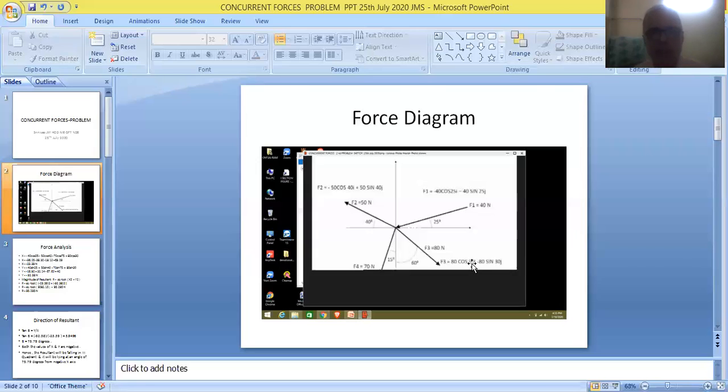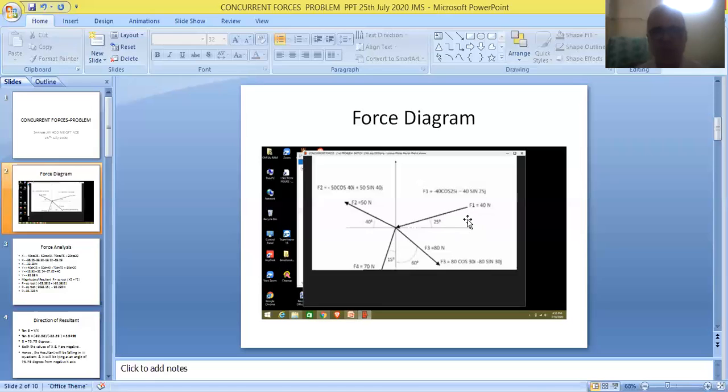Now, friends, cos theta has to be applied for obtaining horizontal value, and sin theta has to be applied for getting the vertical values or vertical components. So therefore, this is written as: horizontal component of this force will be equivalent to 40 cos 25.